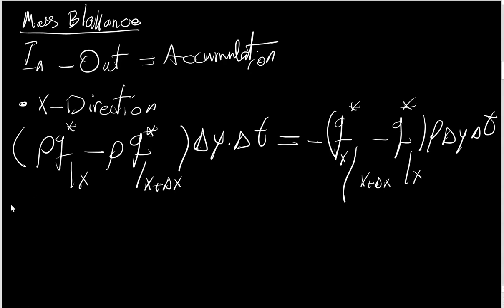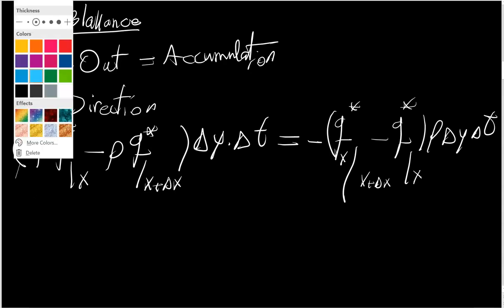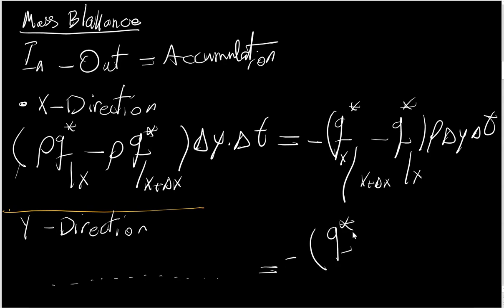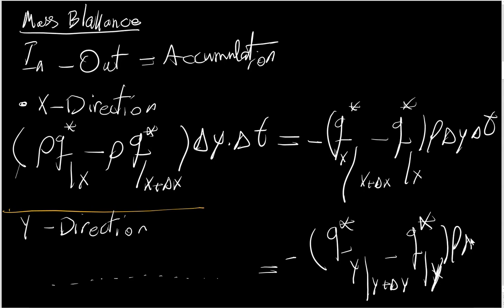Similarly, you can write a similar thing in the y direction: q star y at y plus delta y minus q star y at y, times rho, delta x, delta t.